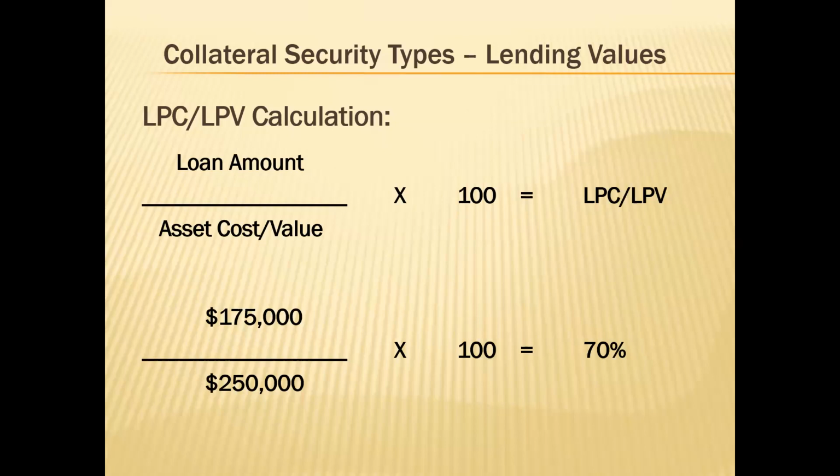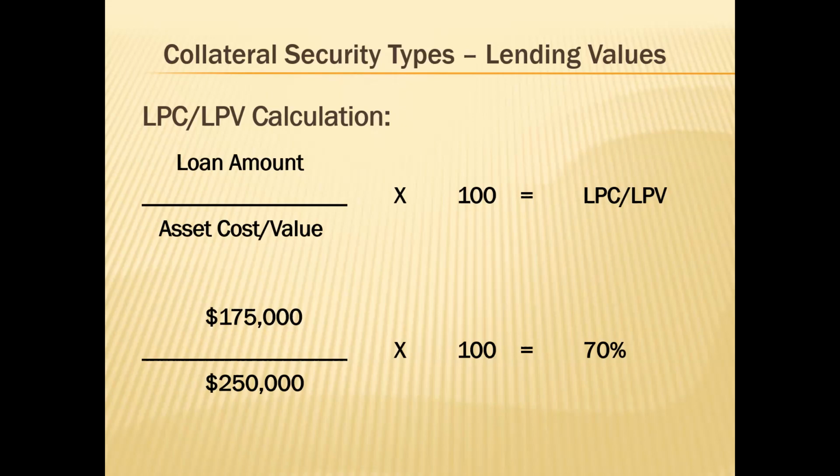In this instance, there's no cost, there's a value, because this property isn't being sold. A person is using their present property, or their equity in it, to get a loan. So Mr. Bethel owns this duplex valued at $250,000. That's your denominator.